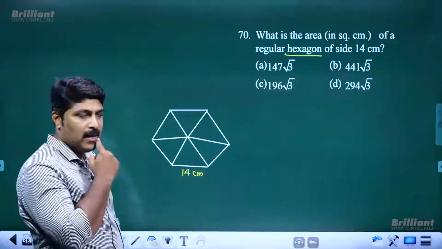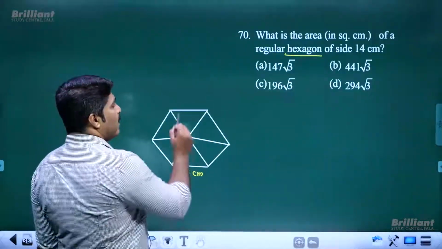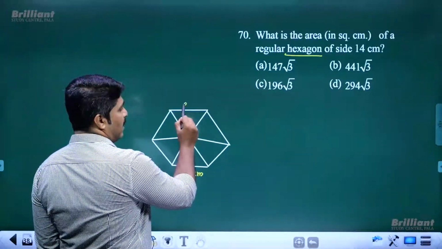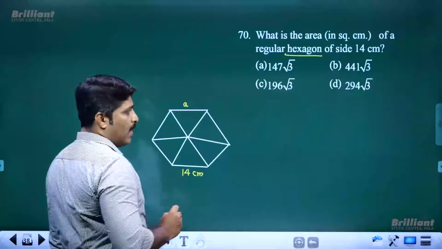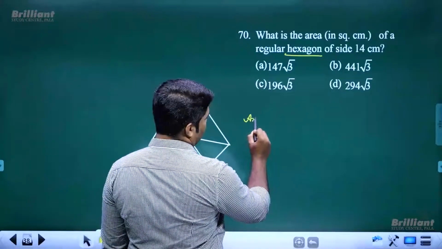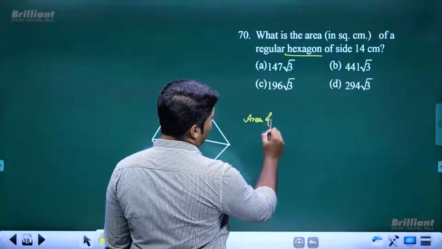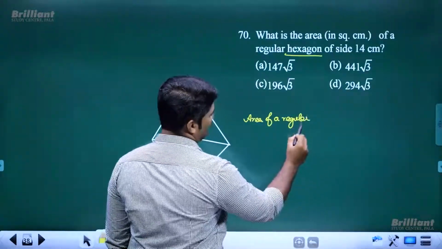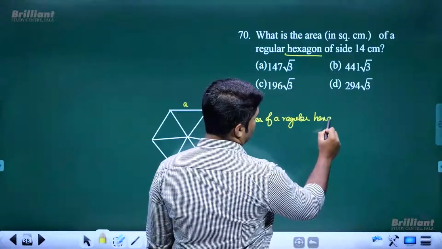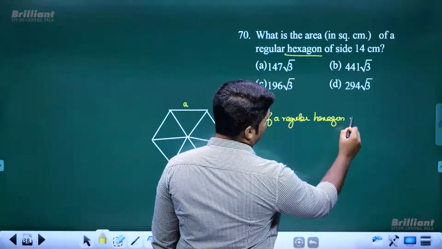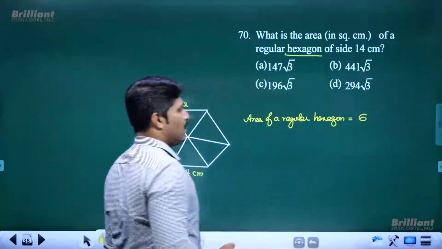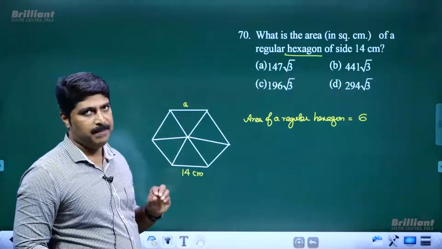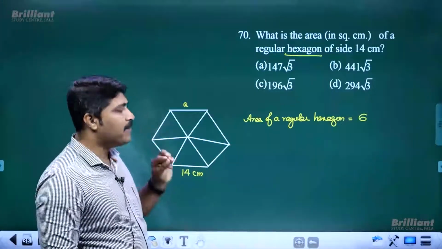Got it. So, for a regular hexagon of side a centimeter, its area is equal to 6 times the area of the triangle. What is the area of an equilateral triangle?